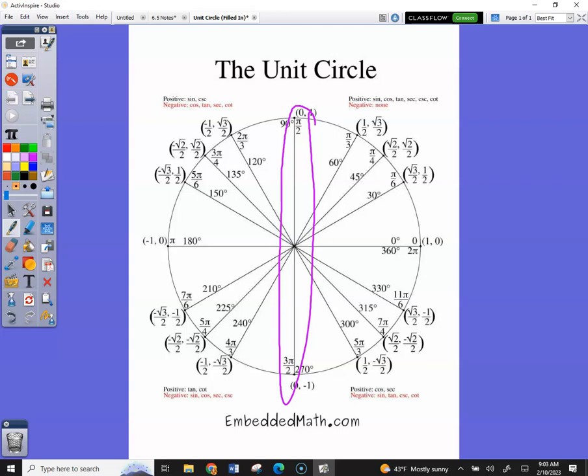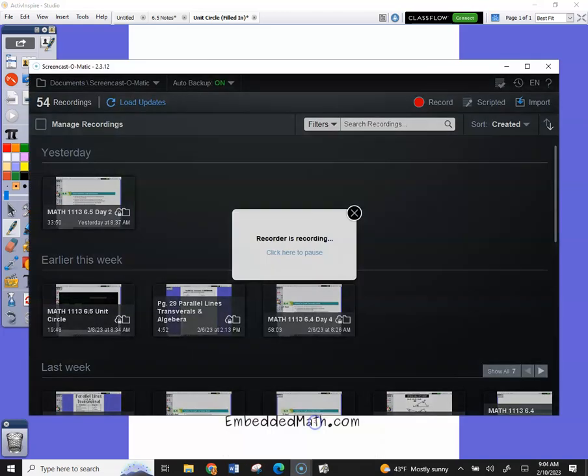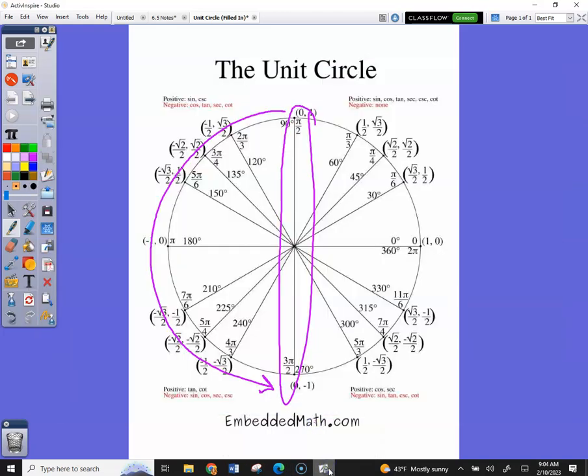And then this is another pi over 2. What's the gap? What's the radian rotation gap from here to here? Yes, thank you. What's the gap from here to here? Pi, right? It's half the circle. Just the gap.